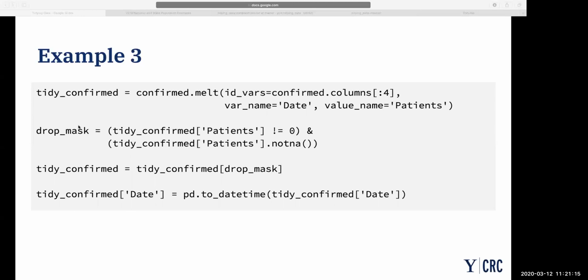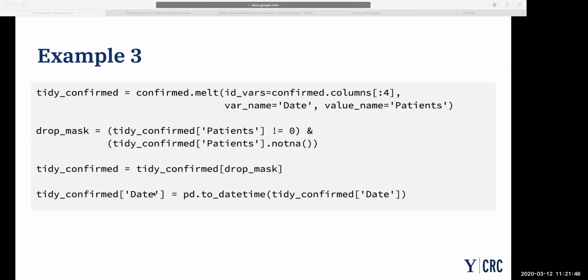So what this ends up generating is a mask, which I can use as an index to my data frame. And here I'm defining the data frame as that data frame where only rows that satisfy my mask are kept. So I'm tossing out rows where either of these two conditions is not true.